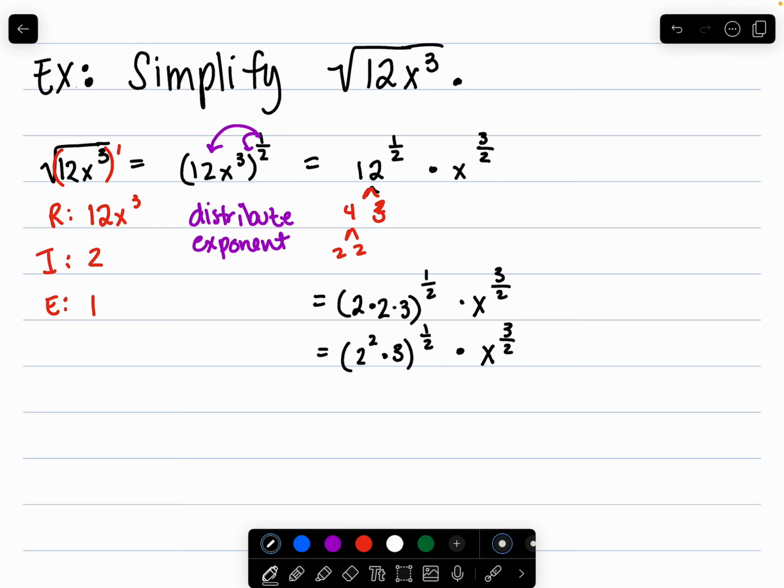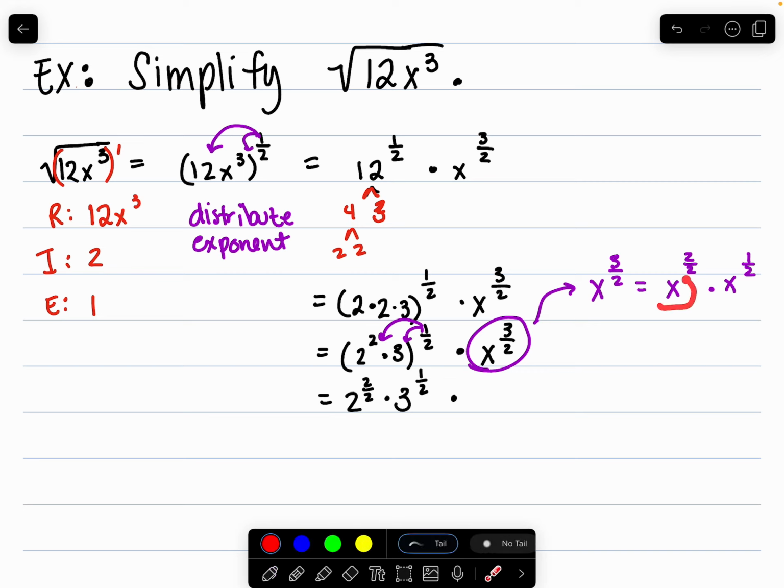Okay, so now you have to think backwards. So first I'm going to distribute my exponent here. We get 2 over 2 times 3 to the 1/2 times, now you have to think backwards here. So I'm going to pull this one to the side. Okay, x to the 3/2 is the same thing as saying x to the 2/2 times x to the 1/2.